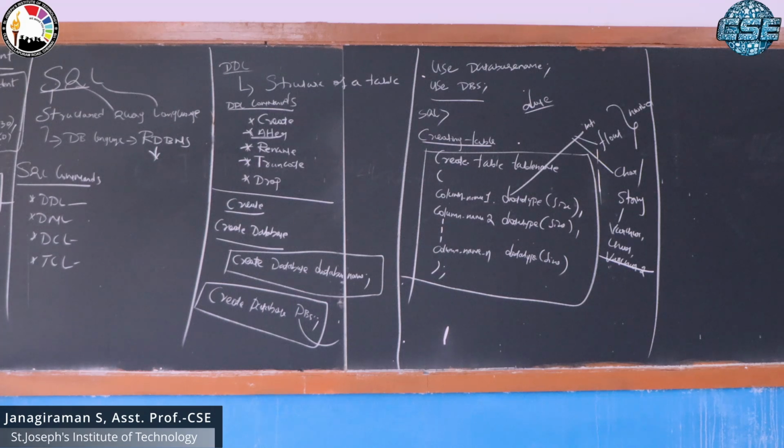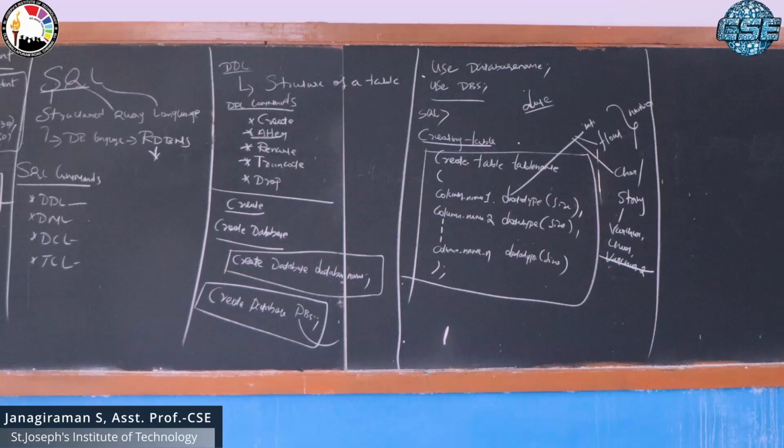So what you are going to do? I'm going to add a column. So you should use the keyword add. Okay, you're going to add a column. So what column you are going to add? That column name, and of course data type of the particular column, data type and size, semicolon. Okay, so clear?